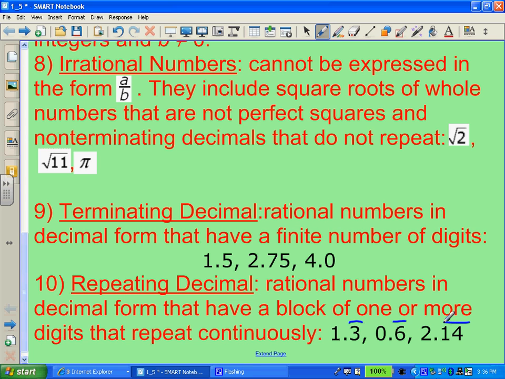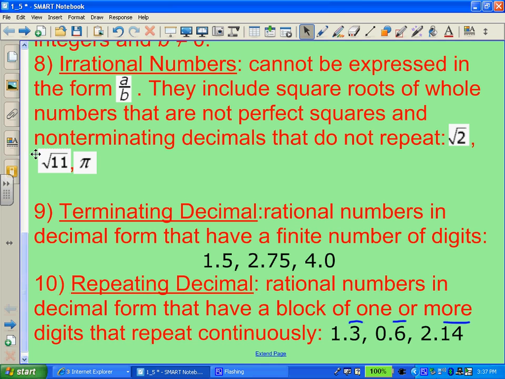So a repeating decimal goes on forever, but it repeats. So 1.3 repeating means 3's go on forever. 0.6 repeating means the 6's go on forever. And then 2.14, the 1/4's would repeat one after the other. So terminating decimals and repeating decimals are considered rational numbers because they have a pattern to them or they have an end to them.